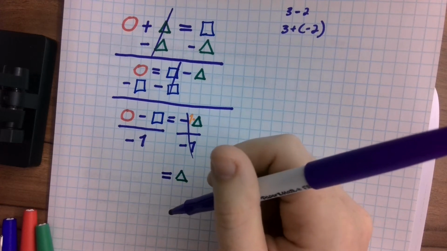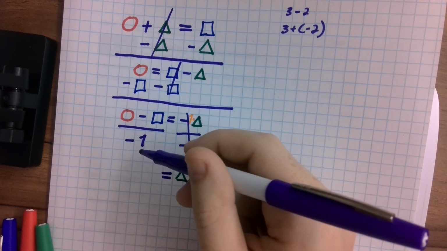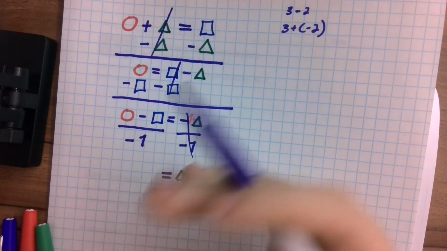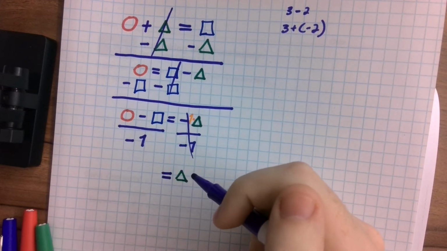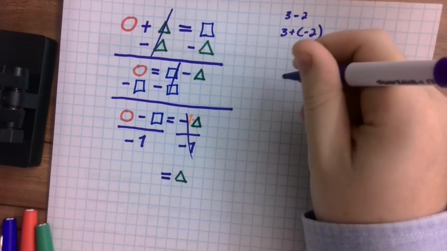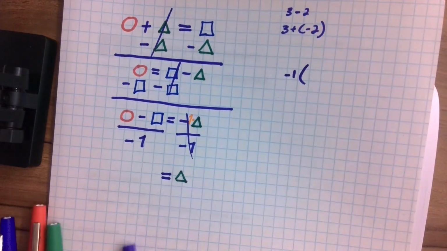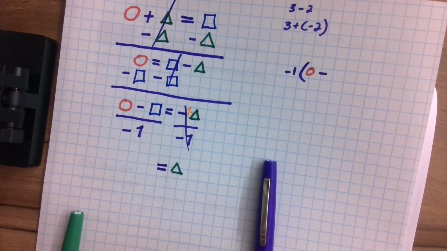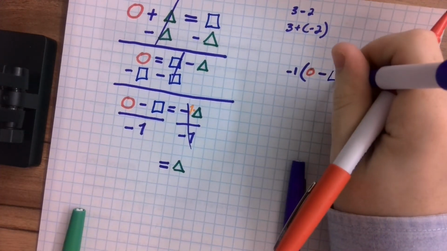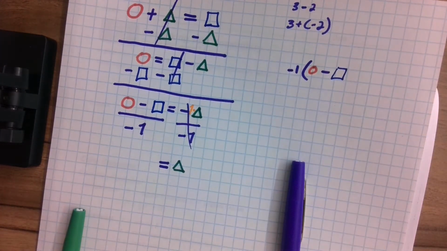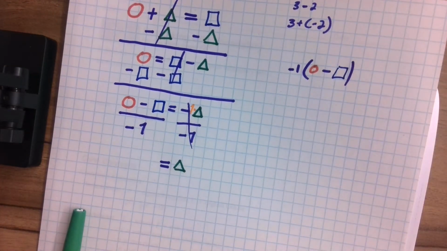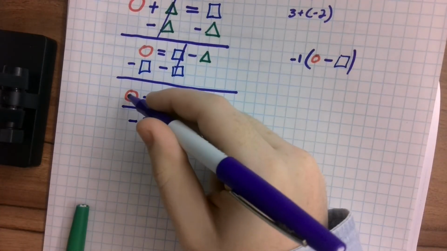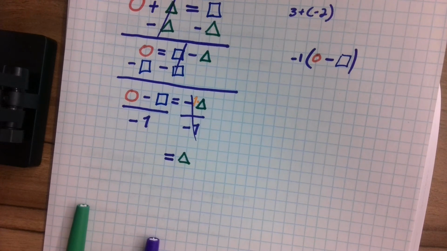Any time you are dividing by -1, it's the same as if you were multiplying by -1. So what this is really saying is -1 times circle minus square. But we're multiplying the -1 to both terms. So we have to make the circle negative and this negative square another negative.